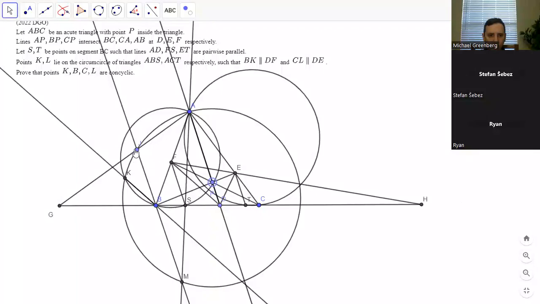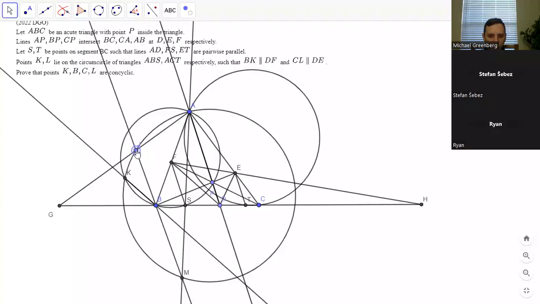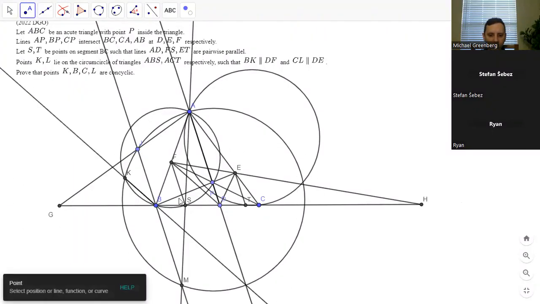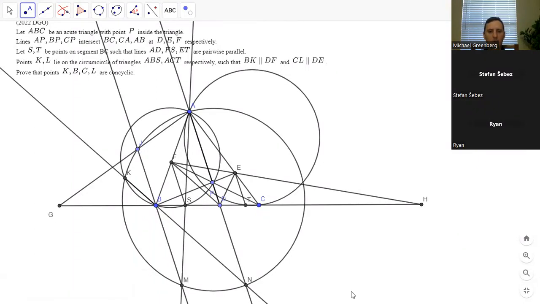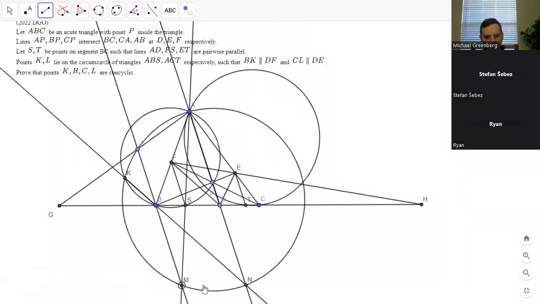All right. There we go. Okay, so we could prove that MN is parallel to BC, and that is, I think, by a homothety or something like that.